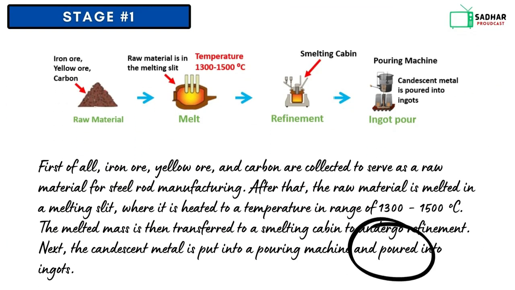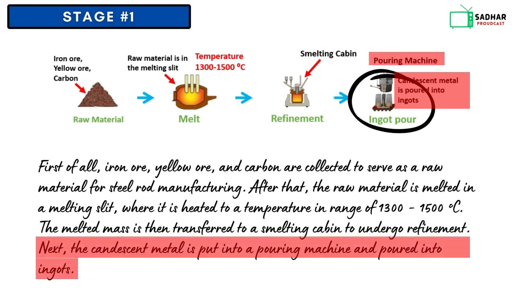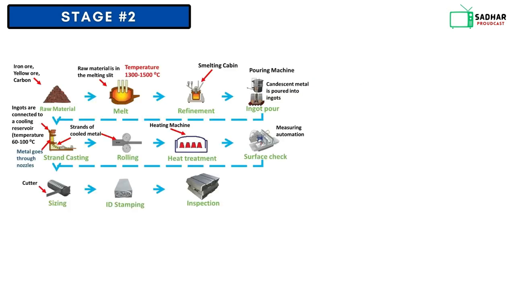The next one. So the next step is ingot pour. We have incandescent metal is poured into ingots, and then the pouring machine. So we put the next sentence. Next, the incandescent metal is put into a pouring machine and poured into ingots. So we just copy what is available there.